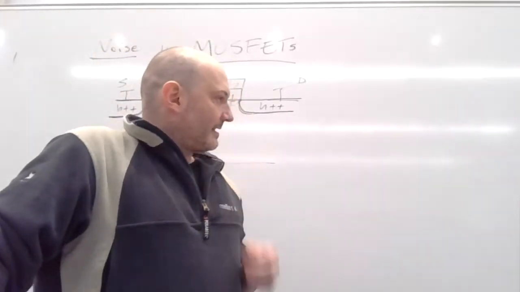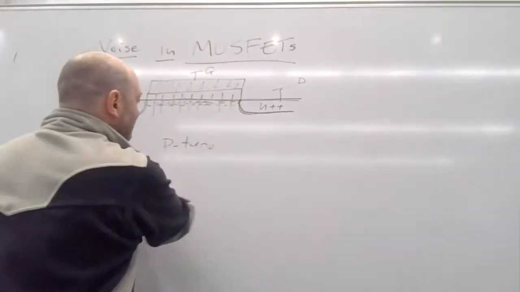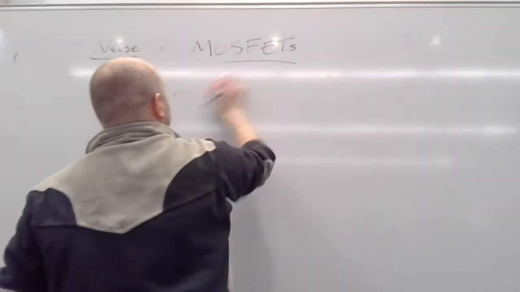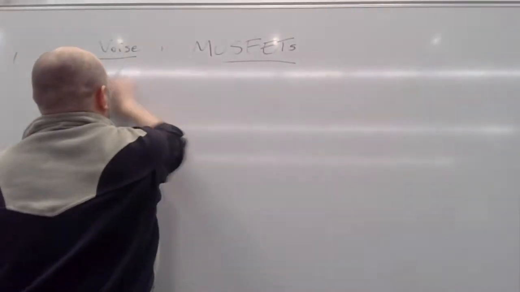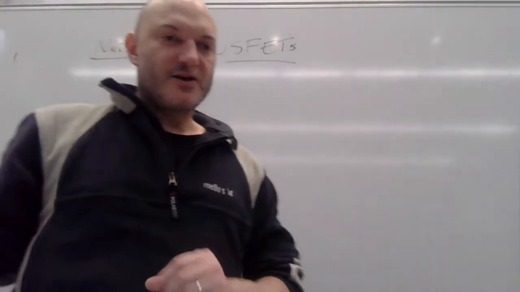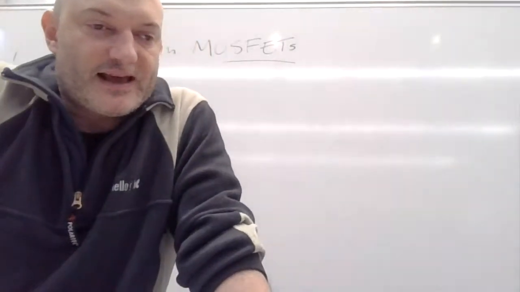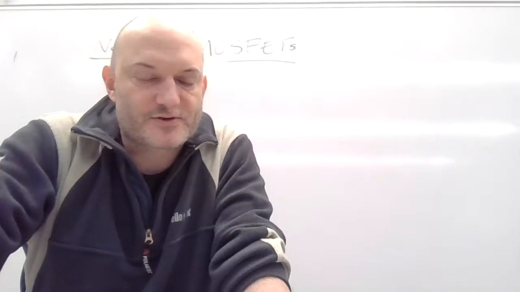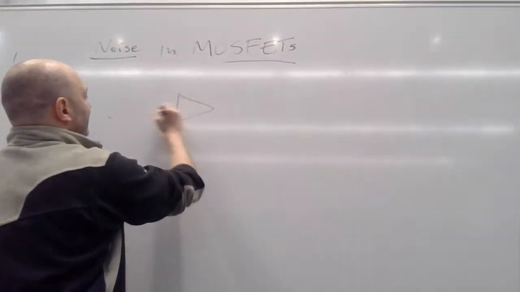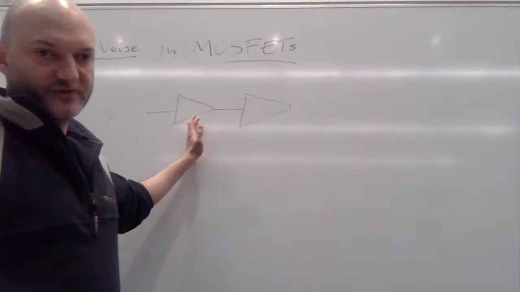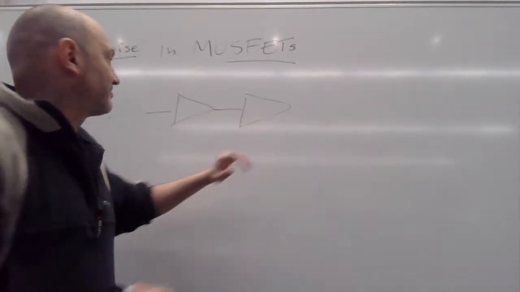Typically, when you do a noise analysis, you only care about what's called the first stage. The reason is that if you have a chain of amplifiers, say two, for example, this one can be our differential amplifier, this one could be our common source amplifier.